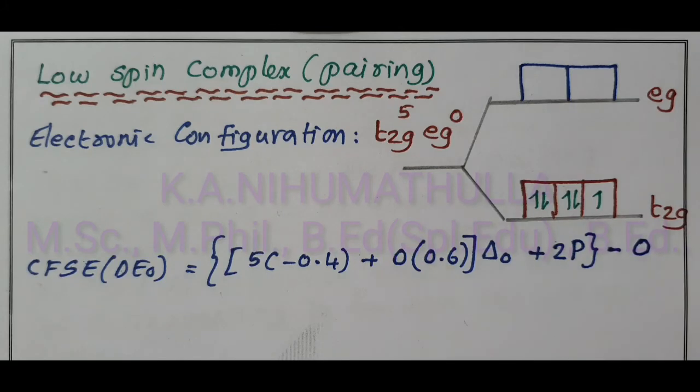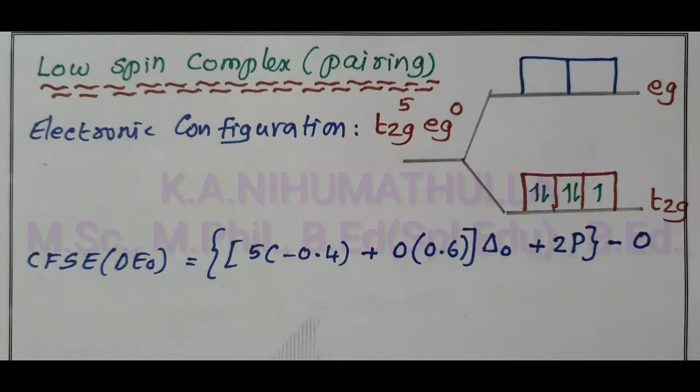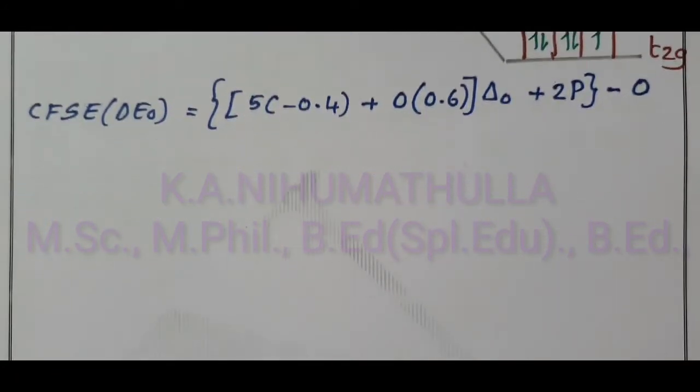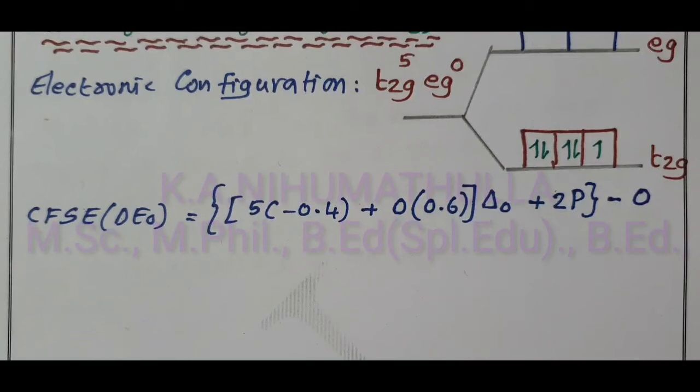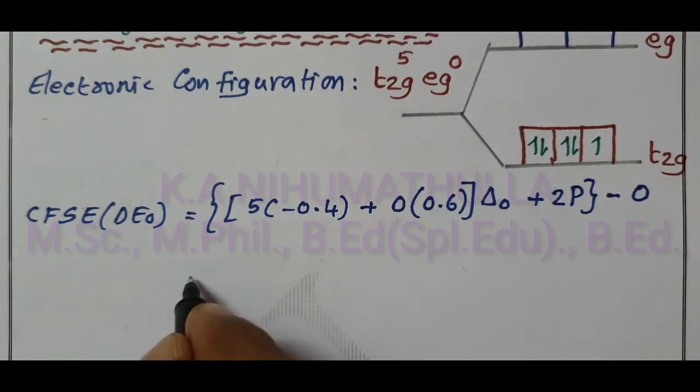We have already calculated the electronic configuration in the isotropic field, and it is equal to 0.